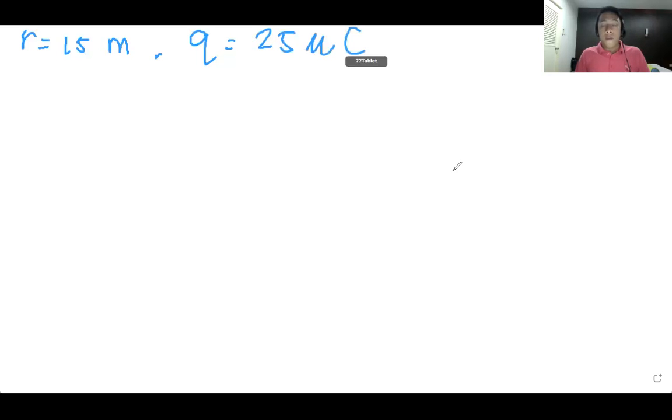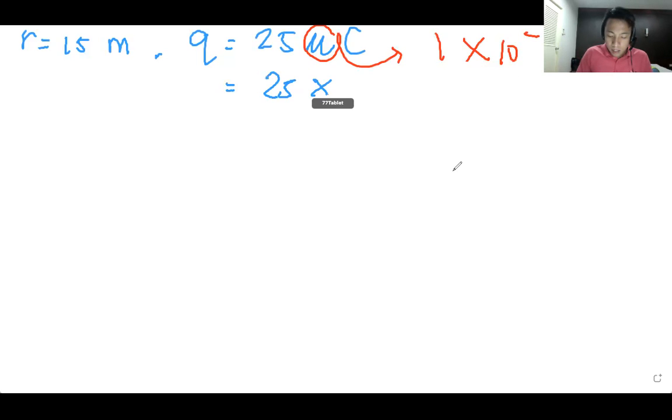If you still remember, the micro has its own value, correct? So the value of micro is 1 multiplied by 10 raised to negative 6. So remember that one. So our Q, or final charge, is 25 by 10 raised to negative 6 coulombs.